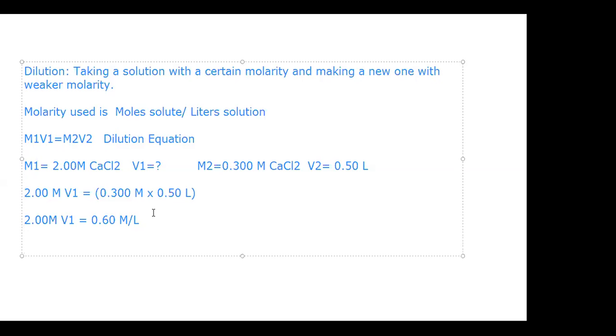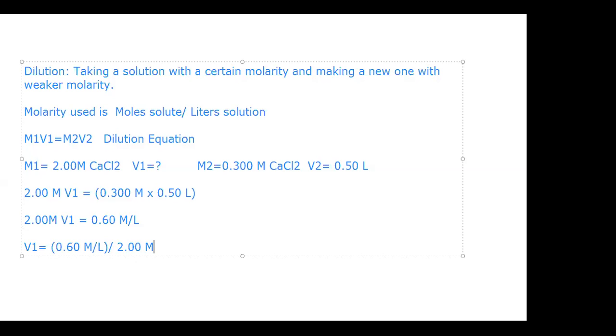So our next step is V1 is equal to 0.60 molar per liter, and that is divided by, and I should put that in parentheses since I already have it divided, that divided by 2.00 molar.